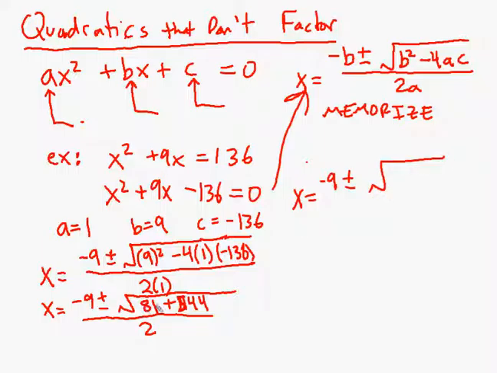All right, so what's 81 plus 544? 625. All over 2. Okay, so what is the square root of 625? 25.